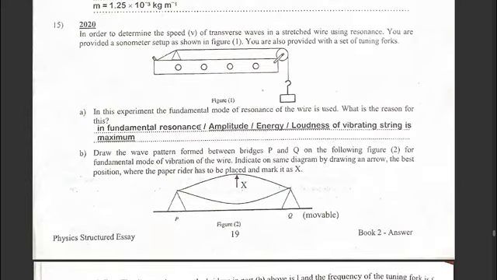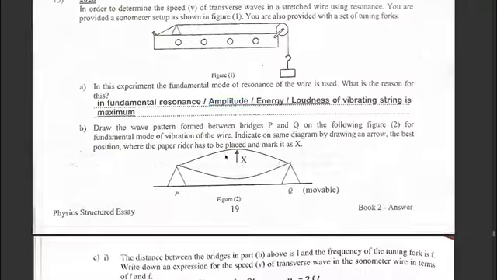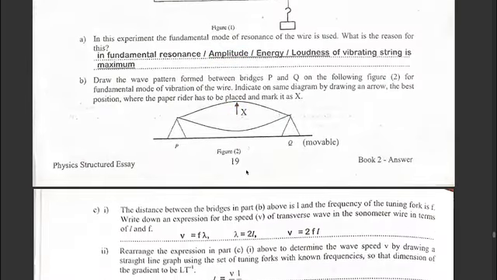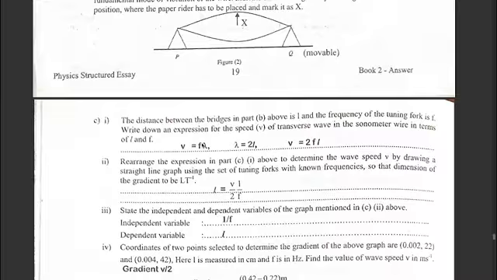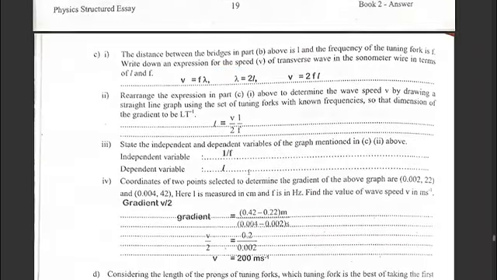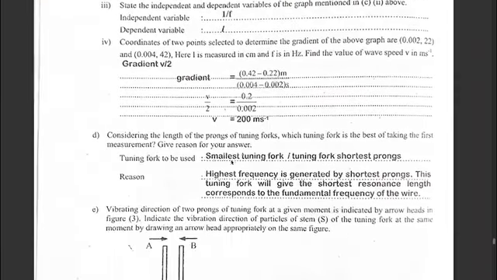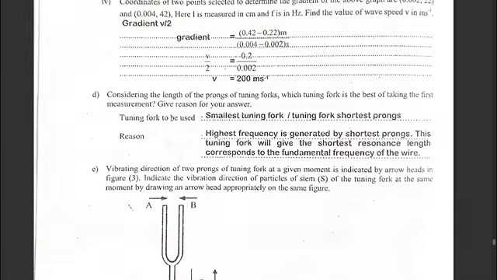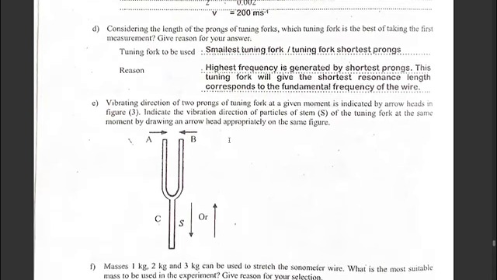We know that in fundamental resonance we will have the maximum amplitude. We have to place the paper rider in the center, that you already know. This is also a common question. What is the tuning fork to be used? Initially, the smallest tuning fork, so you will have the highest frequency and lowest resonating length.